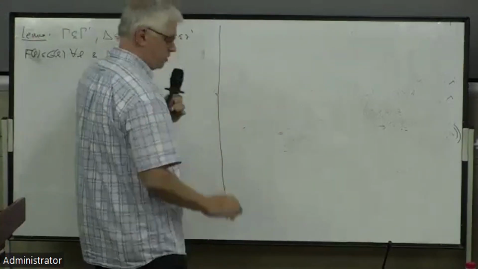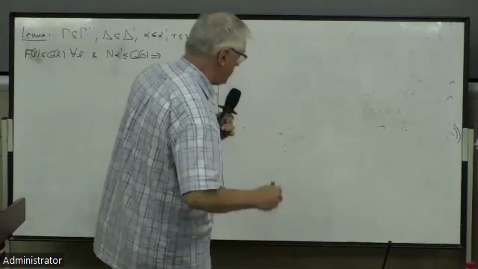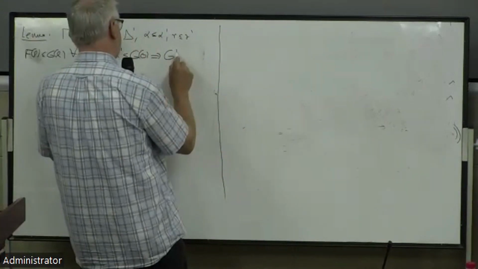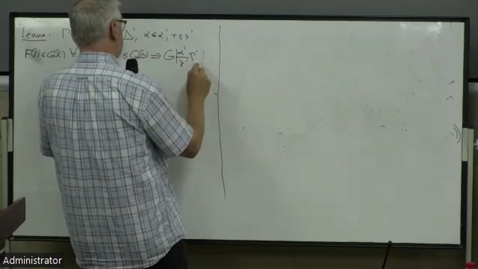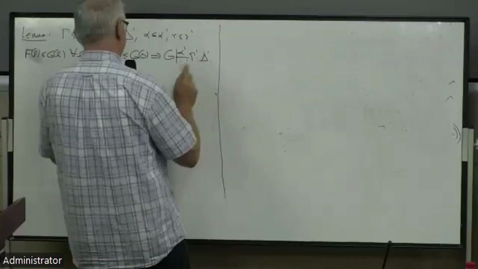And it's no surprise that we obtain g, alpha prime, r prime, gamma prime, delta prime.